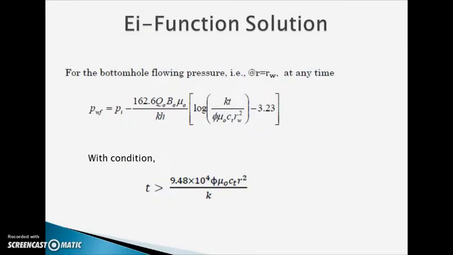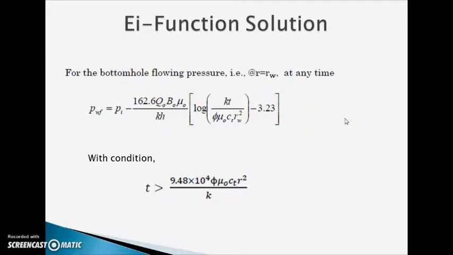And next, if you want to calculate the bottom hole pressure, you just use this formula. It's different from the previous formula, but this one is for calculating the bottom hole flowing pressure. And the condition is that your r is equal to rw. Let's say your r could be 0.25, 0.75, 1, 2, 3, 4, 5, 6.